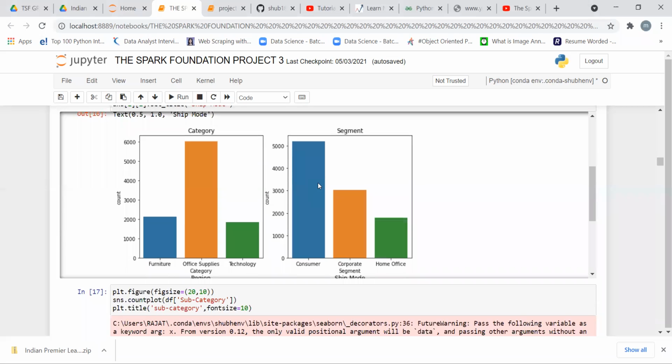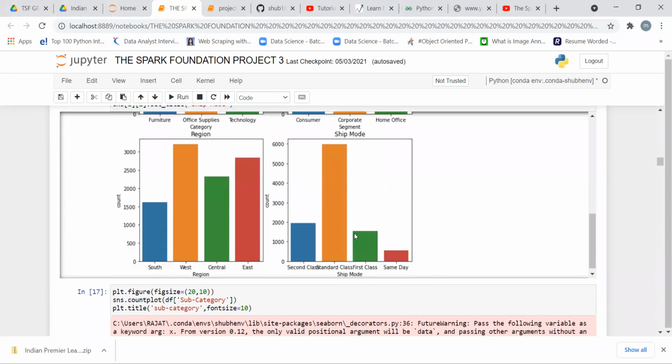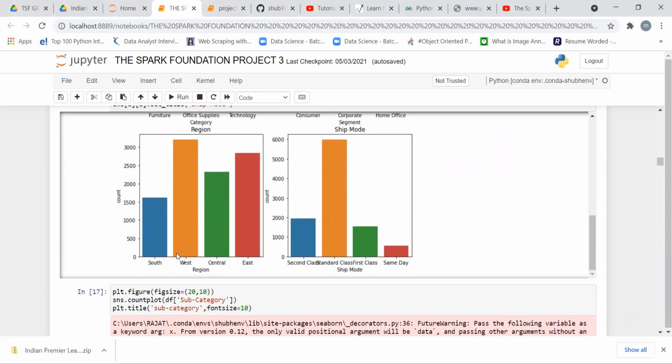In segmentation, consumer is the major part, beside corporate and home office. In region, the west region is the major part in terms of sales or profit.